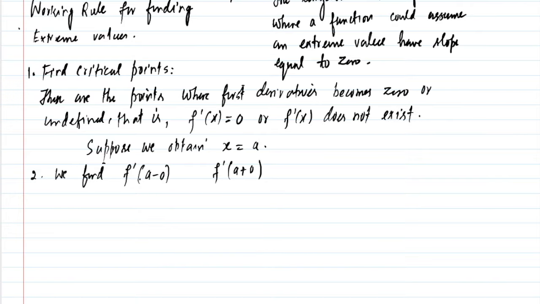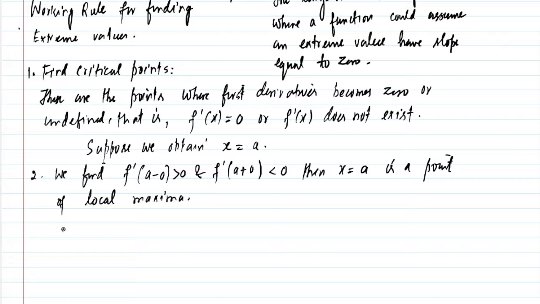So we have to evaluate the left hand limit of f dash at A and the right hand limit of f dash at A. Now if the left hand limit is positive and the right hand limit at A is negative, then x equal to A is a point of local maxima.